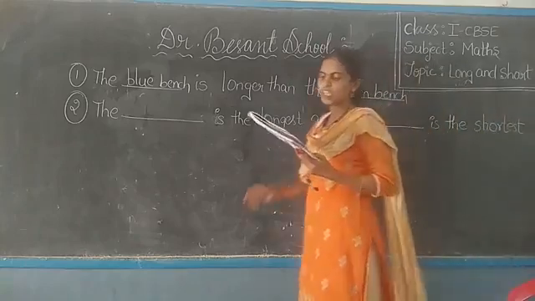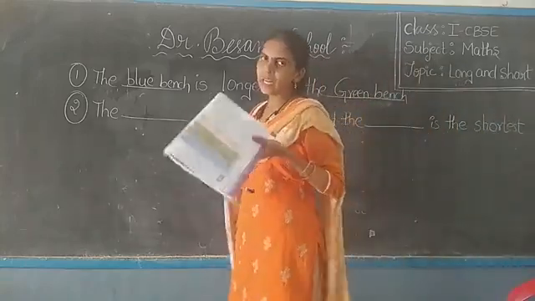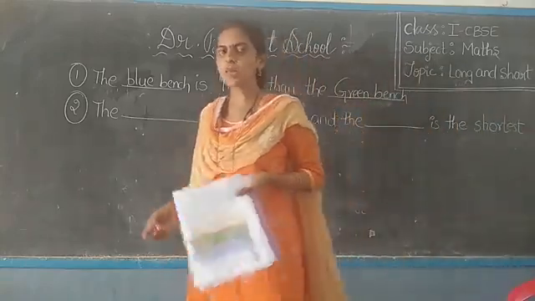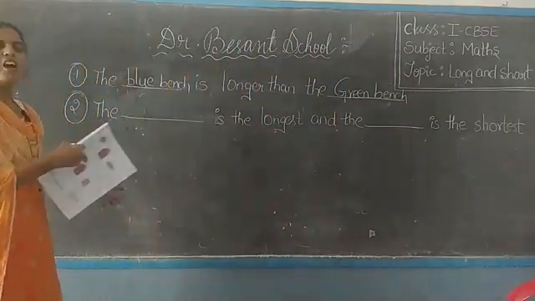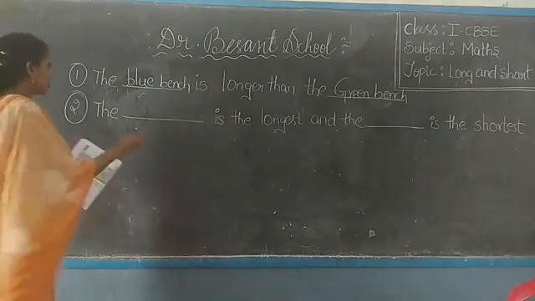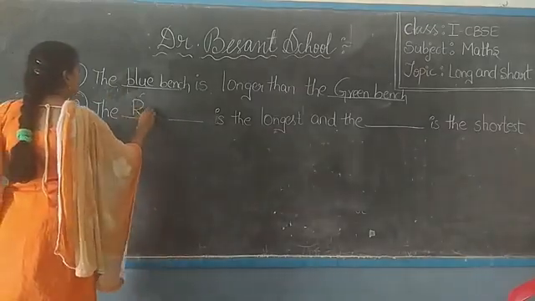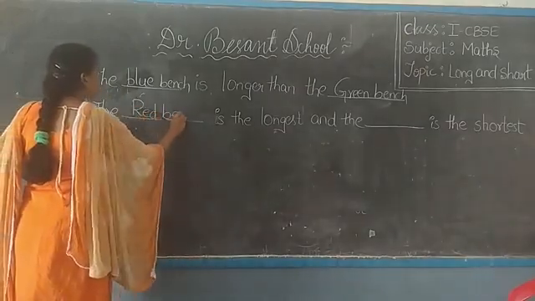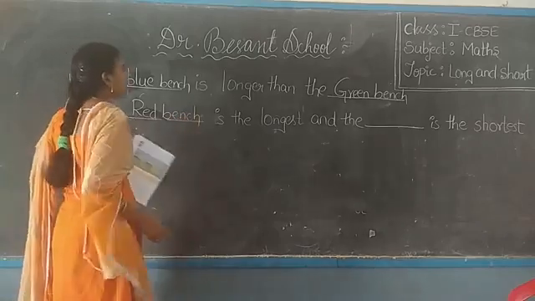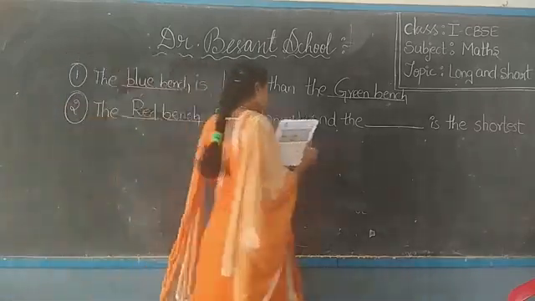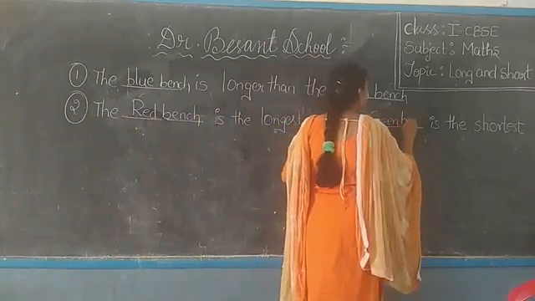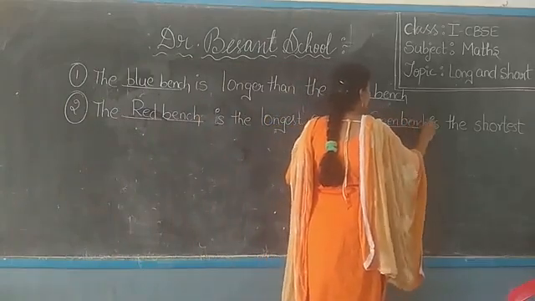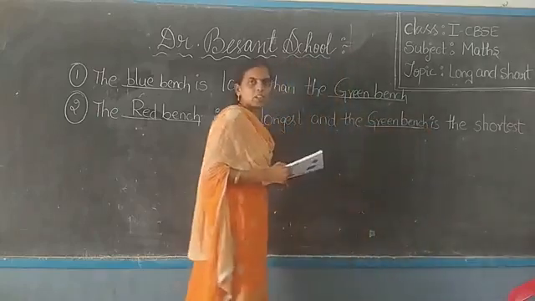So from this picture we can say that green bench is the shortest bench and red bench is the longest bench. So write down red bench in the first blank and here you are going to write the green bench. Green bench.